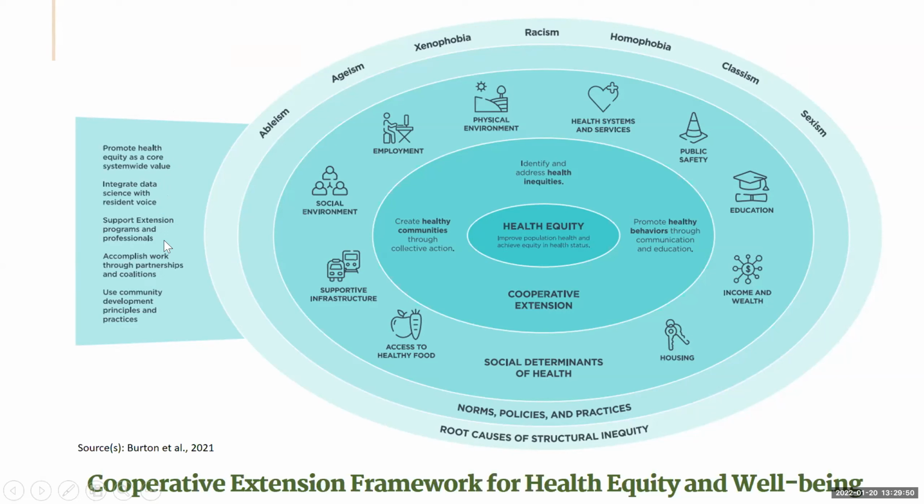Third is support extension programs and professionals. Fourth, accomplish work through partnerships and coalitions. And finally, use community development principles and practices. I think a link was provided to the full report, but these are the 5 high-level recommendations, and then there are various action items underneath if you would like to explore those at some point.